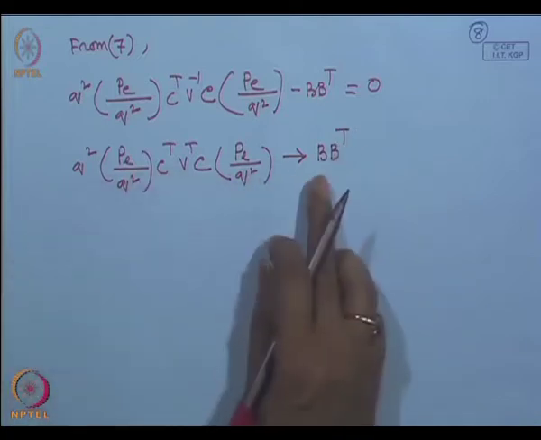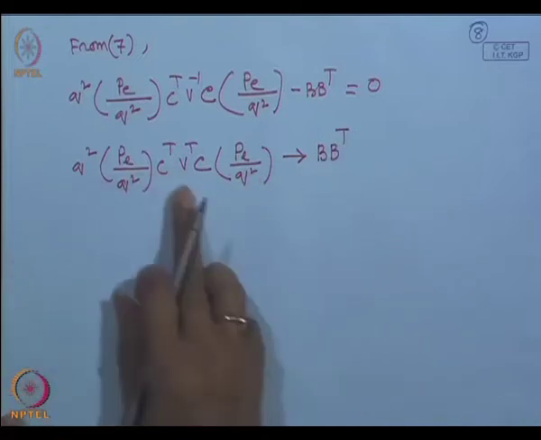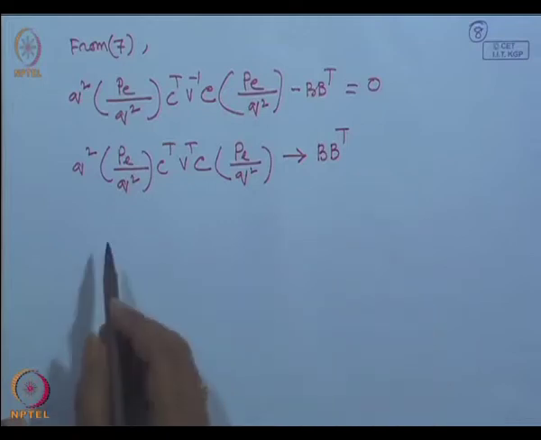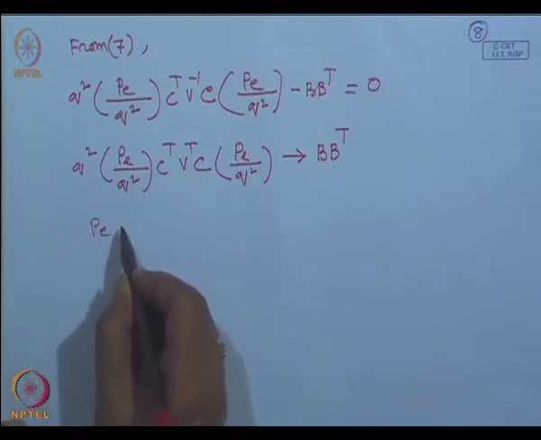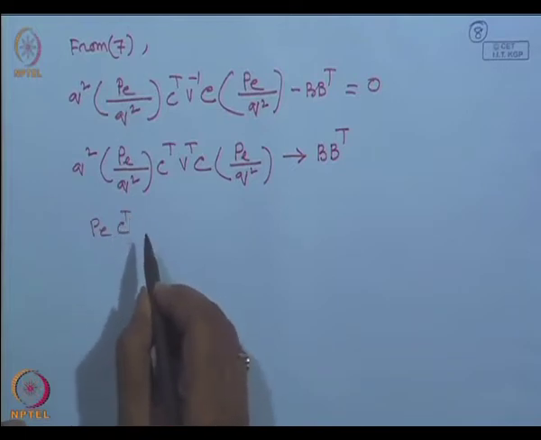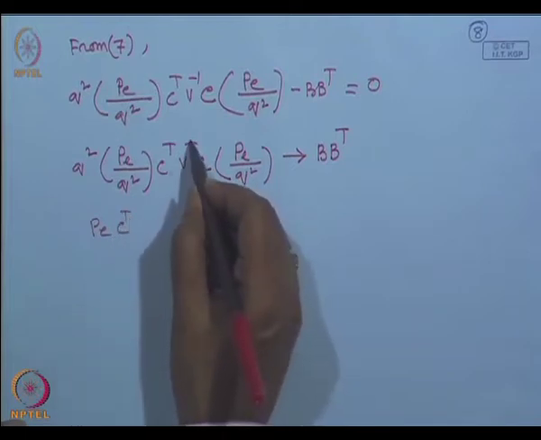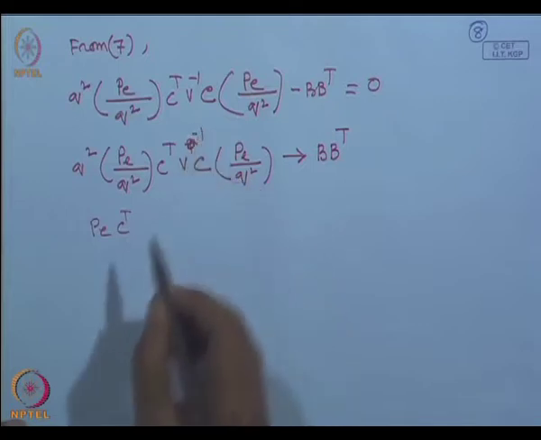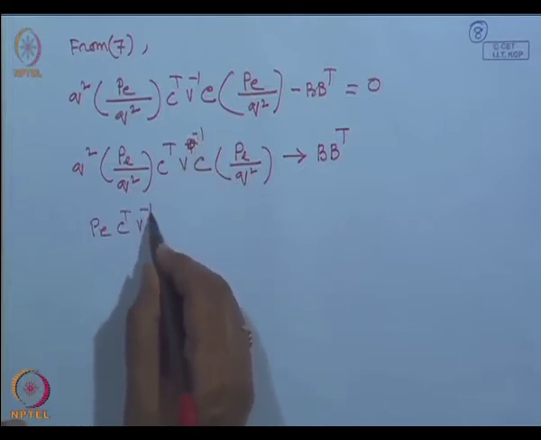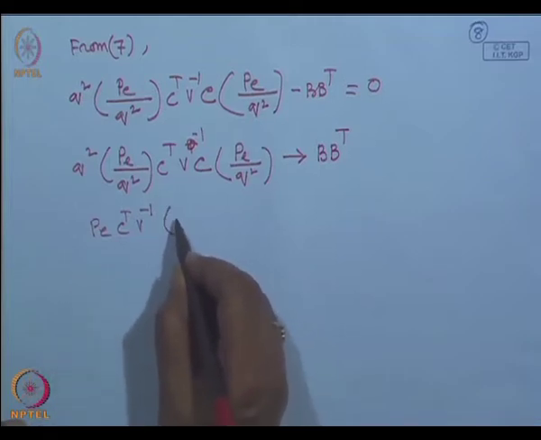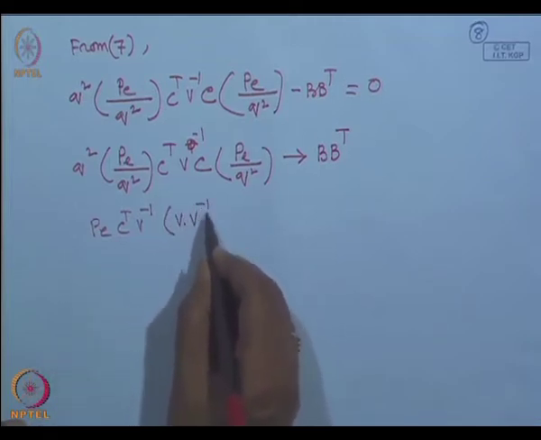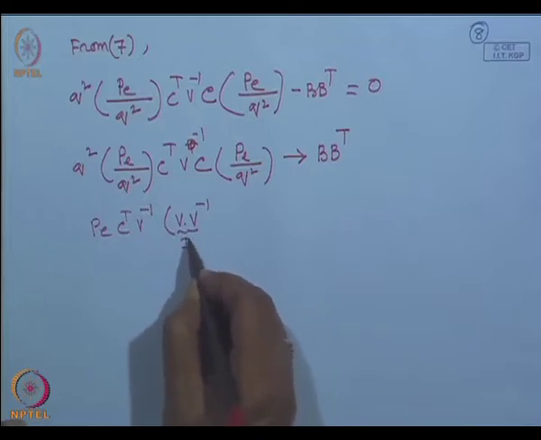When q is increasing, this quantity tends to B transpose, which I can also write as P e C transpose, this is not transpose, this is V inverse. C transpose V inverse, agree? Then V into V inverse is the identity matrix.